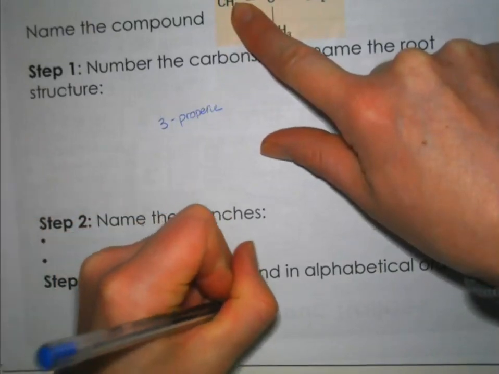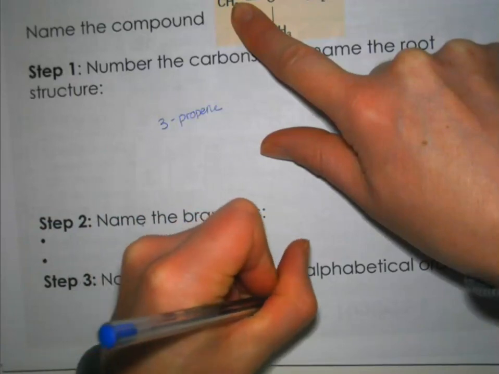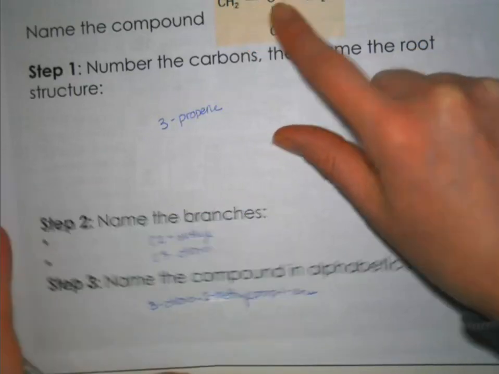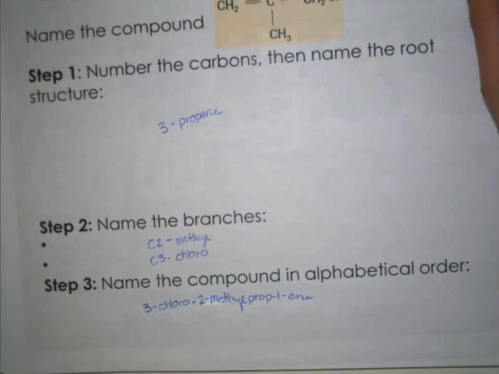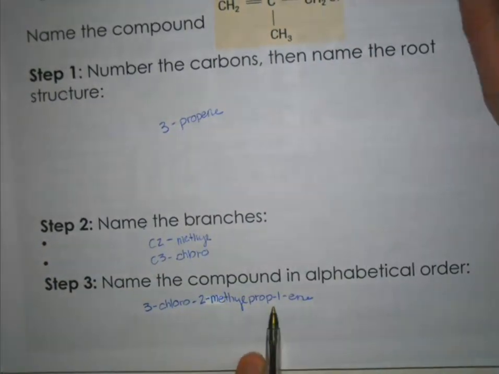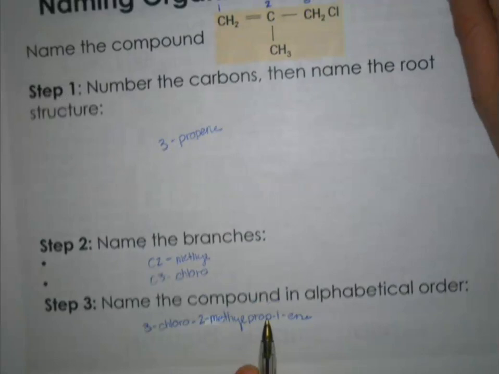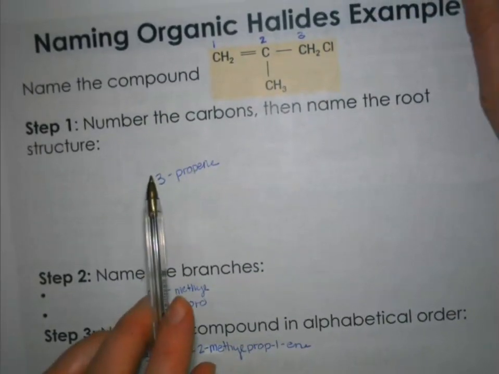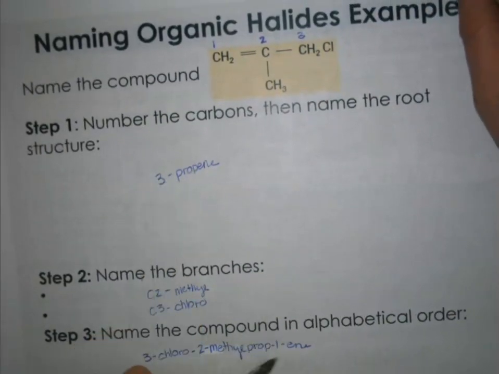Now, prop-1-ene. I have read that you could just call this 3-chloro-2-methylpropene. However, for us, we do want to make sure that we identify the location.